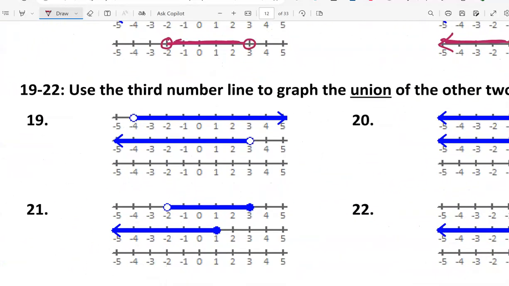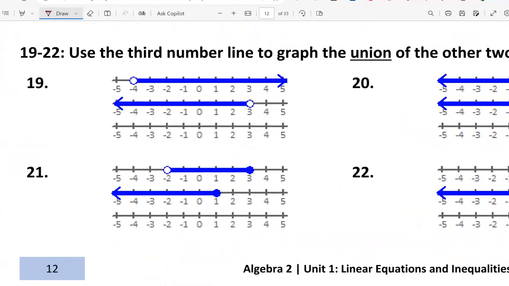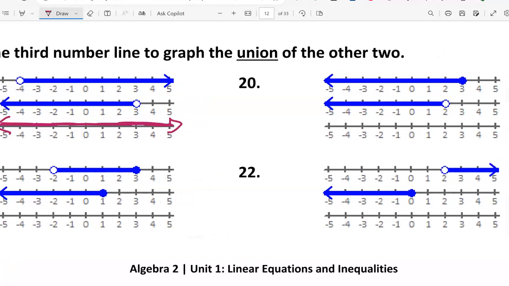All right, in 19 through 22, we're going to use the third number line to graph the union. Remember, the union is the combination of both sets. So we're going to graph everything that was graphed in either the first one or the second one. And in 19, that's the entire number line.